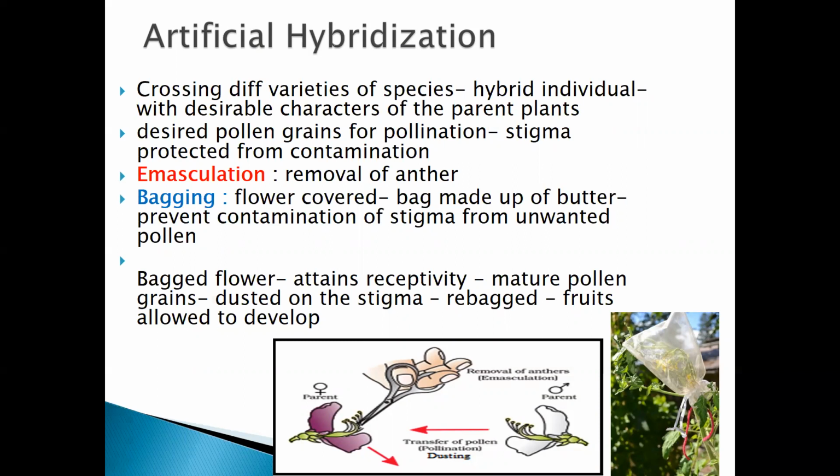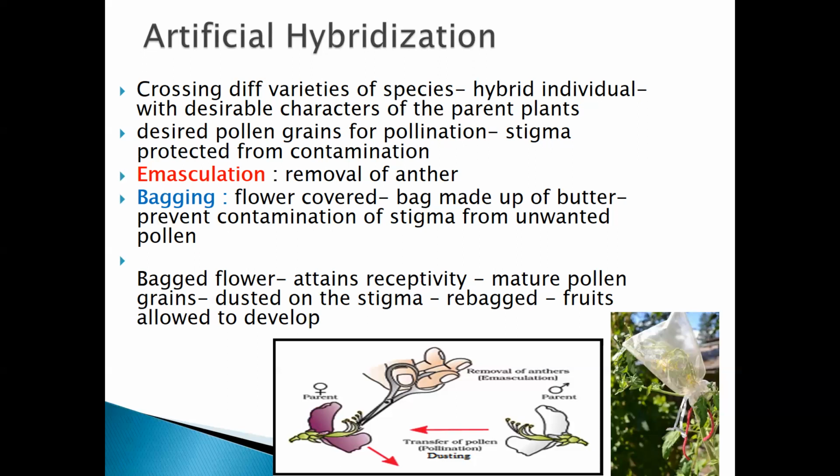So why is artificial hybridization done, and what is it? Artificial hybridization is nothing but crossing different varieties of species, for example hibiscus varieties, or a guava and any other fruit, or between jasmine varieties.